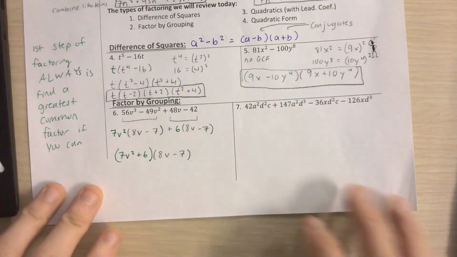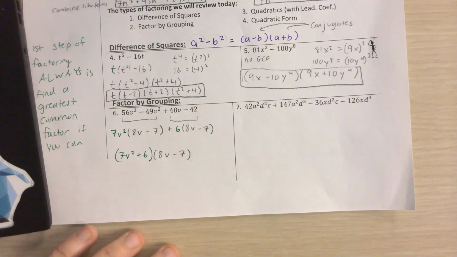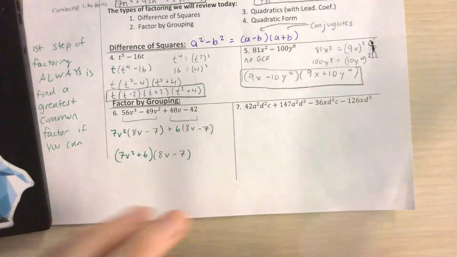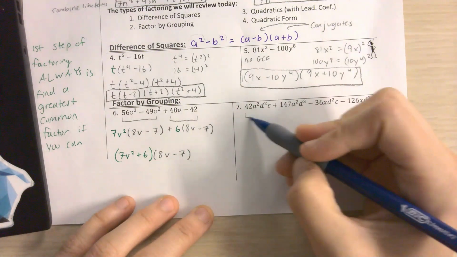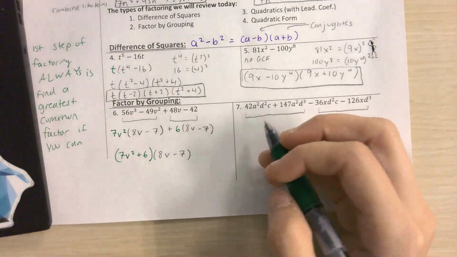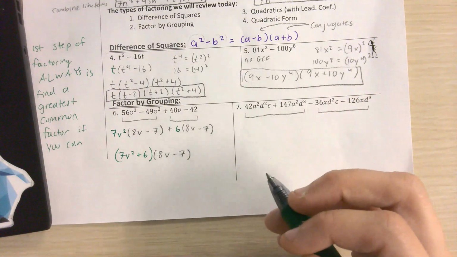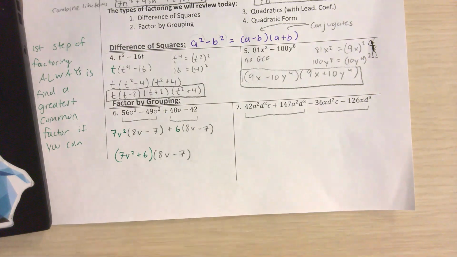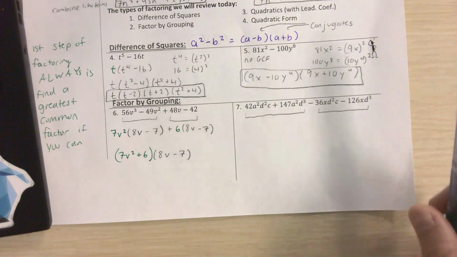Alright, this one's looking crazy, but it's the same thing. So let's pull out our greatest common factors in each pair. So 42, these probably have a common factor. It's 21.